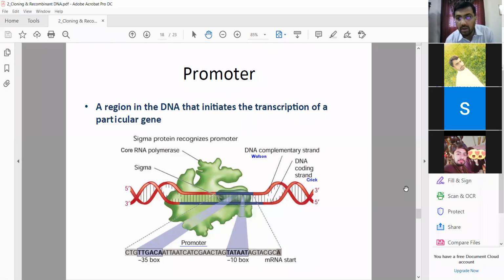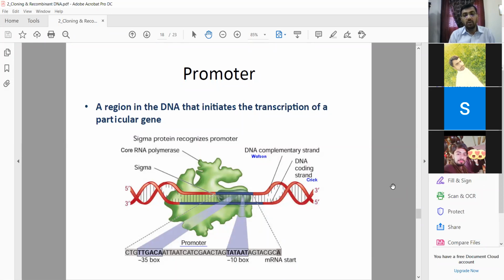So whenever you are using this, you have to be very sure that if you are expressing a eukaryotic transgene, you are using a eukaryotic promoter. Unless you have a eukaryotic promoter, that eukaryotic transgene would not express.